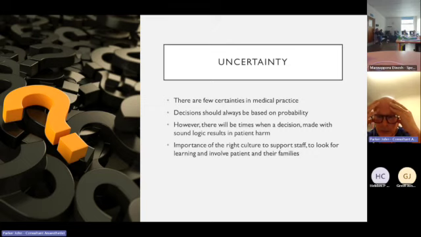And I guess what we have to have in this situation, when we've made a decision and it's turned out to be wrong, is the right culture behind us to make sure there's support, learning is looked for, and there is the right involvement of patients and their families. You could argue that over the years the NHS has been very variable in how we've approached this.